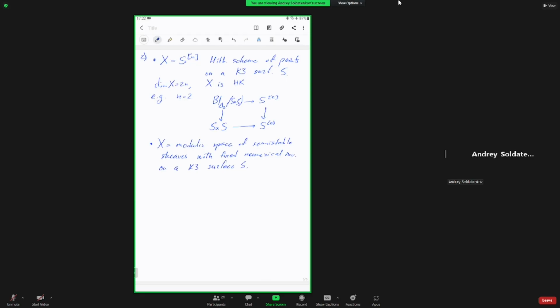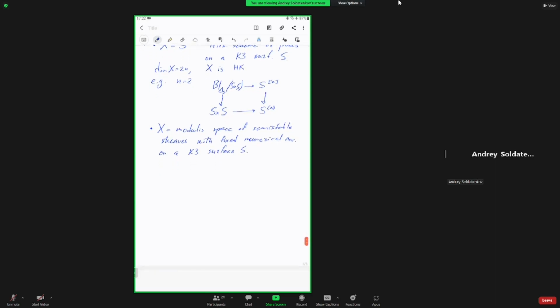And then this moduli space is not always smooth, but sometimes it is smooth, like in this previous example of the Hilbert scheme. The Hilbert scheme is a special case of this. The Hilbert scheme is a moduli space of ideal sheaves of n points.